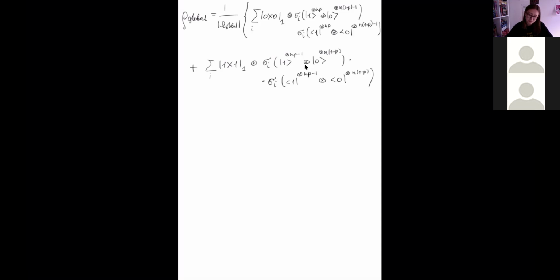Okay, now we can try to take the trace. When we take the trace, we need to sum up over the basis for systems 2 to n, which is essentially this.